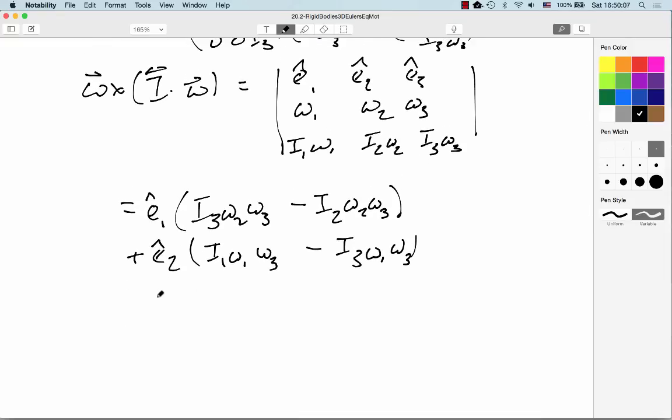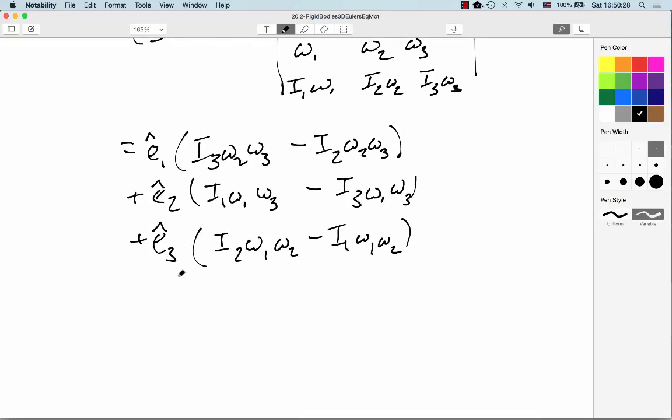And then finally plus E3. So drop, drop, be this minus this. So that'll be I2 omega 1 omega 2 minus I1 omega 1 omega 2. All right, for what it's worth, we can clean that up just a shade.